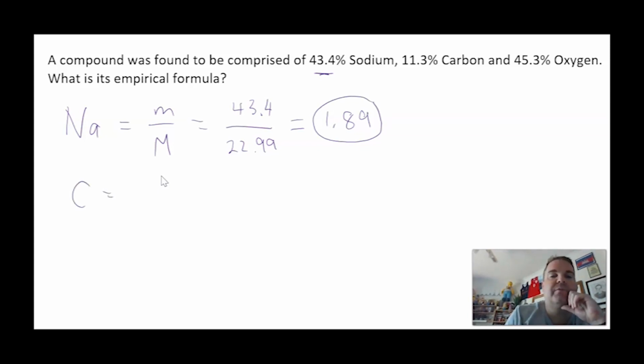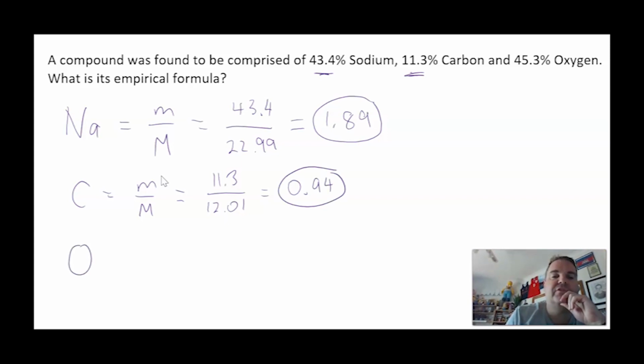So if we do the same for carbon, if we do mass over molar mass and we work out 11.3 grams, so from that 11.3% up here, over the molar mass, which is 12.01, we get a value of 0.94. So there's that one.